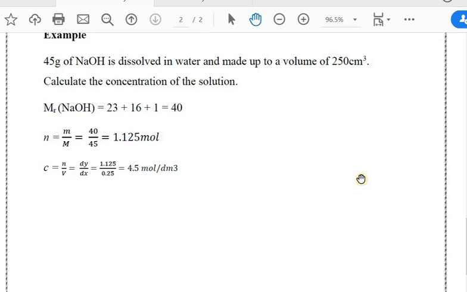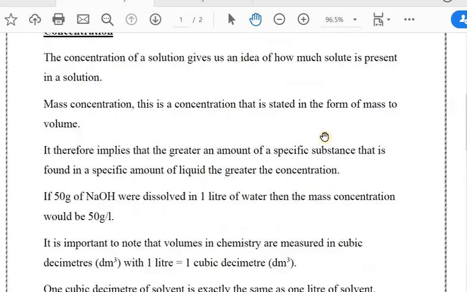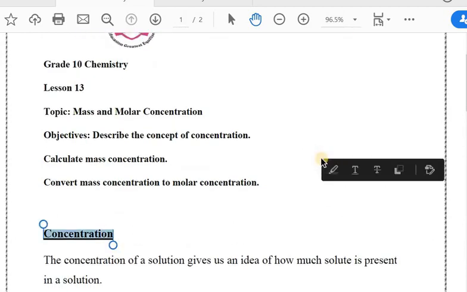No, this one, the volume is 250. You divide by 250, and you get 4.5 moles per cubic decimeter. That will be the concentration of this particular solution.